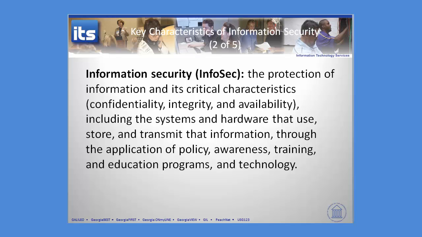And then finally, we're going to apply policy, awareness training and education programs, and technology. Wow, 3 big ideas. We can use policy. We can tell people what's right and wrong. We can make them aware and train them and educate them about that security and that security risk, and then we can use some technology to help us address that risk.